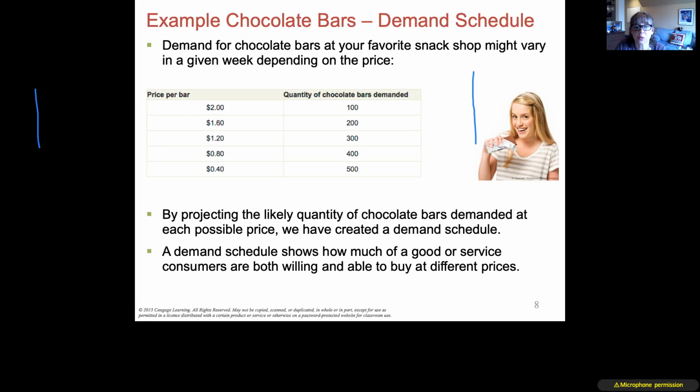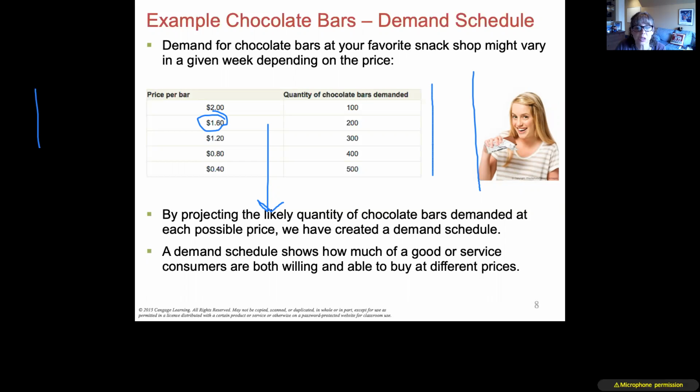The quantity demanded went up as the price goes down. So as the price went down, when it started at 2 and went to 160 and then 120 and then 80 and then 40, the demand went from what? It went from 100 to 200 to 300 to 400 to 500.